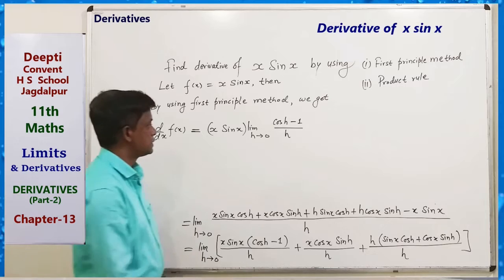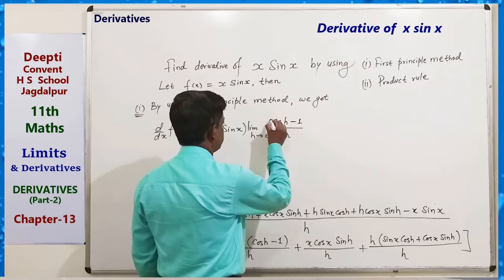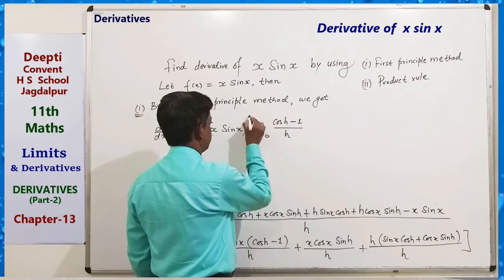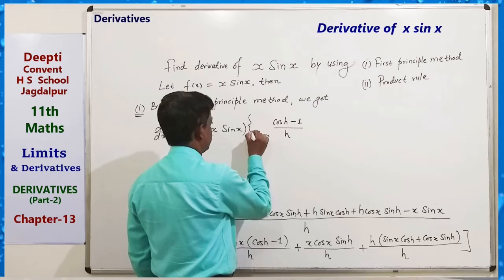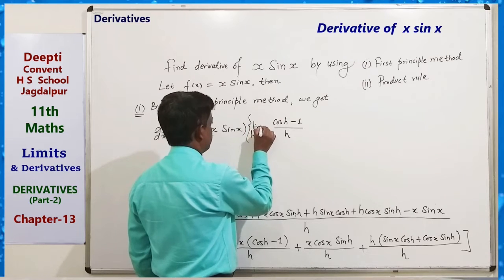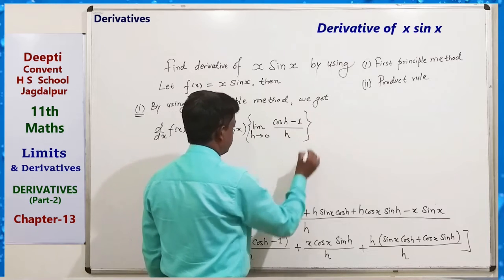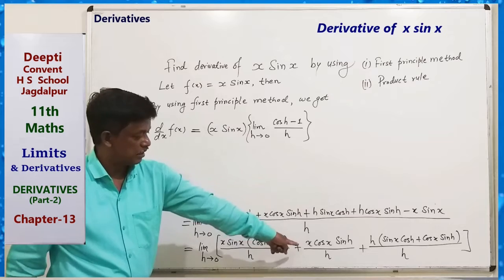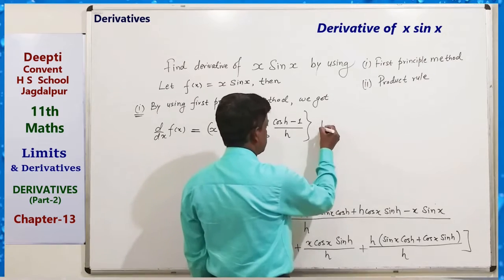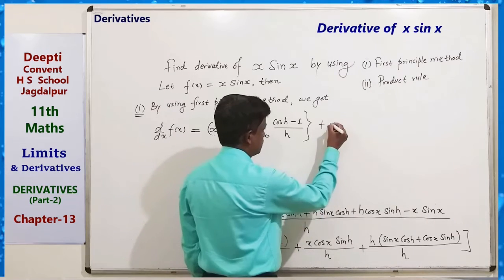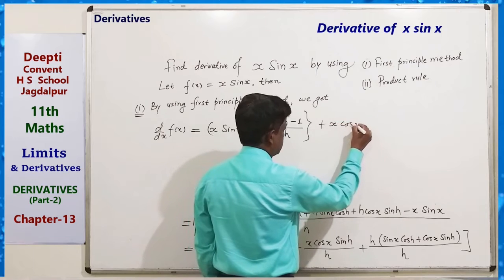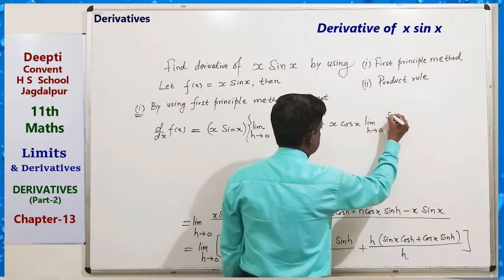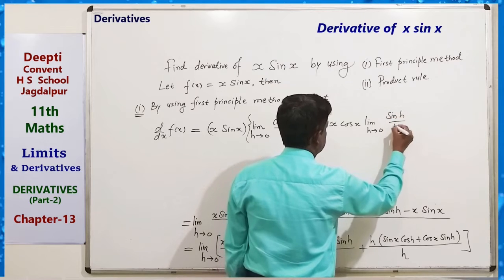This is the first part. In the second part, x cos x and the limit as h tends to 0 of sin h upon h.